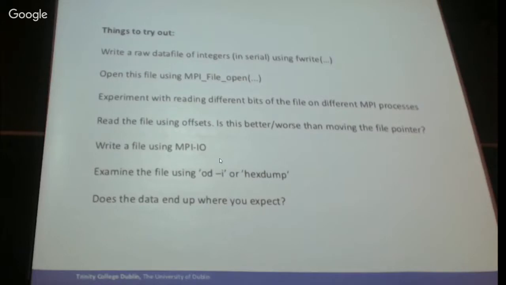And then you're going to take different parts of that and load them into different MPI tasks, possibly on different machines, using these MPI file reads and writes. And if you can get this part cracked in the lab session before lunchtime, then we should be in a good space in the afternoon to understand some of the more complicated side of MPI. So, does anybody have any questions before we go and have some coffee?